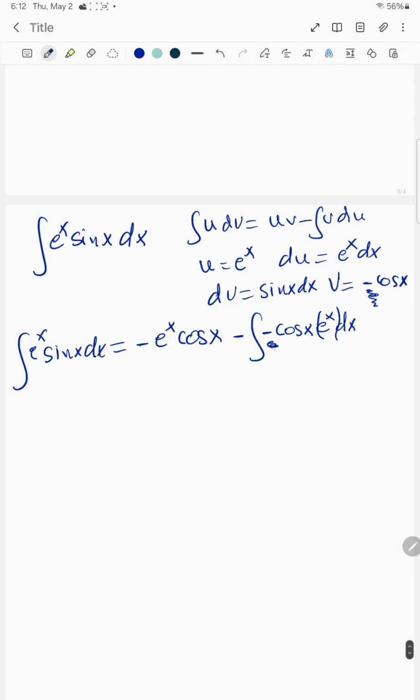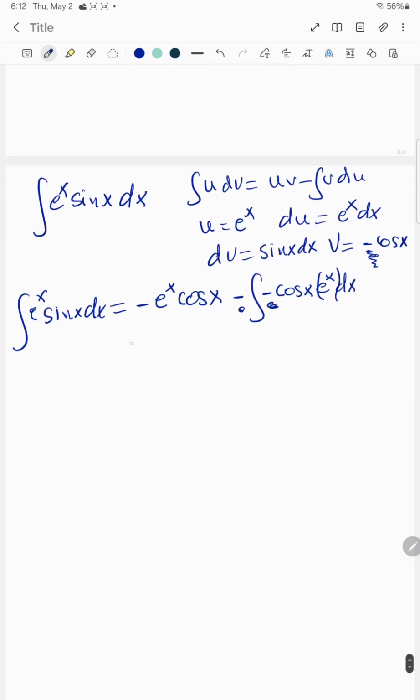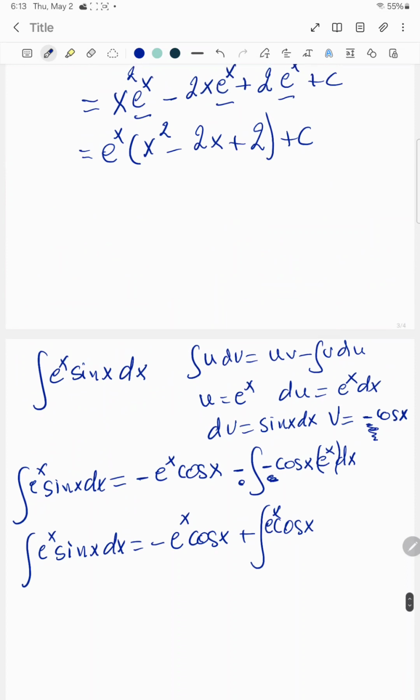Here minus times minus is plus. I can take the minus outside my integral. So the integral of e^x sine x dx is equal to minus e to the power x cosine x plus the integral of cosine x, and I will put e^x here because 2 times 3 is equal to 3 times 2. I can play with the position.